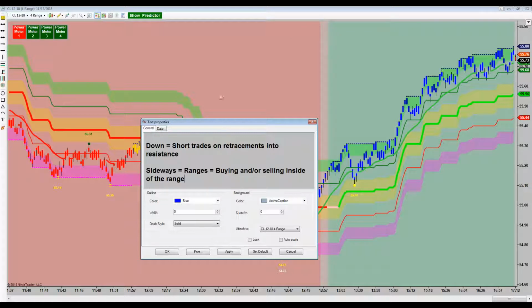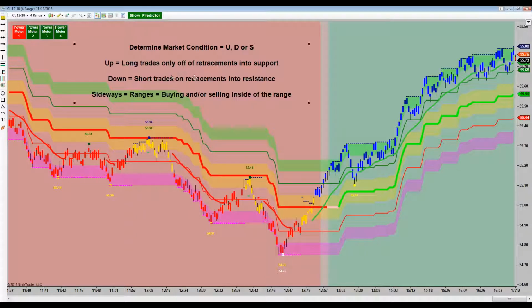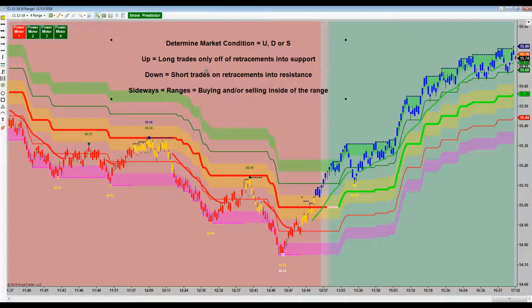So let's do some exercises together, and I'm going to do a combination of determining the market condition and then looking at trade setups within the condition.